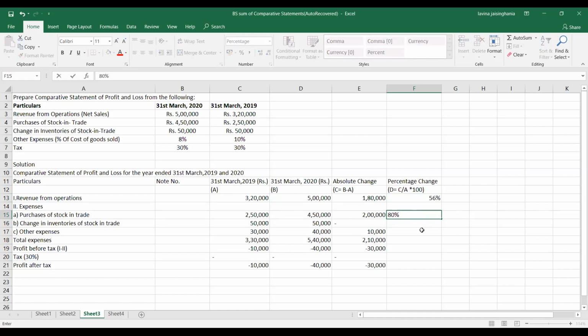There's no change in inventory, so leave it blank. Similarly for other expenses, from 30,000 it has increased by 10,000, so from 100 how much, 100 into 10,000 divided by 30,000, so you will get your answer as 33.33 percentage, but Excel will show a rounded value, but in examination write it as 33.33 percentage.